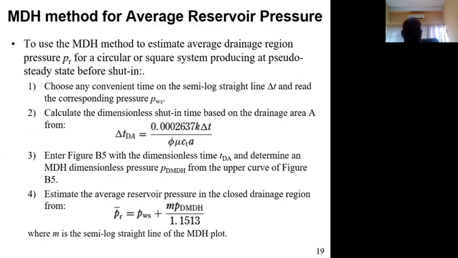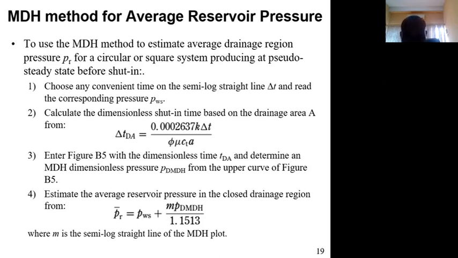That said, let's go to the MDH method, and this would build on the MDH I discussed briefly in the last lecture. So to use the MDH method to estimate average reservoir drainage and reservoir pressure, either for a circular or square system, you will need to produce the MDH plot.